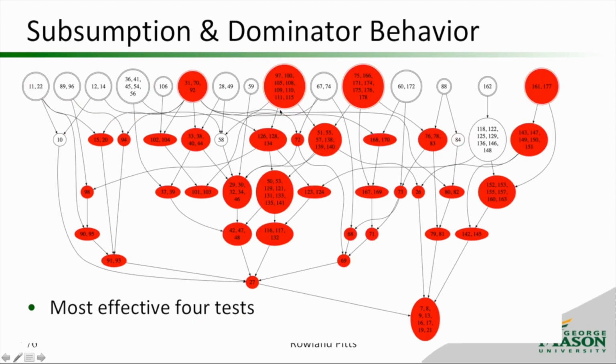And along those lines, if we look at the most effective 4 tests, in other words, we simulate drawing a mutant from these 4 dominator mutants and writing a test to kill it, you can see that very nearly the whole graph has been wiped out at this point. You see a pattern of the remaining dominators and a smattering of remaining mutants.